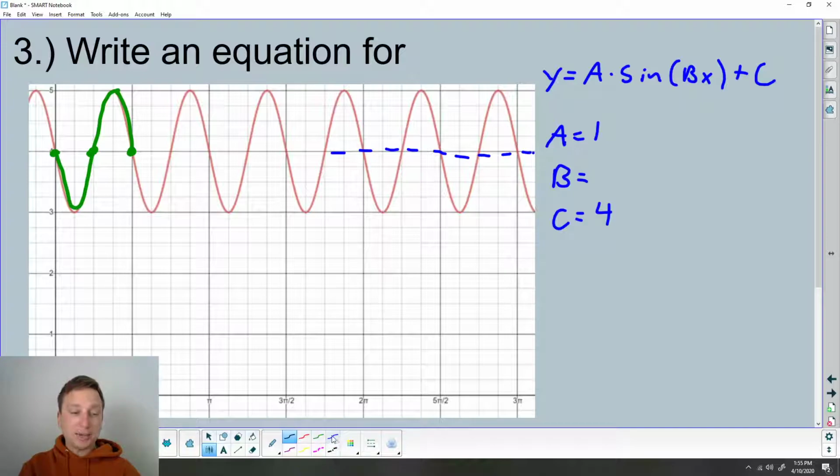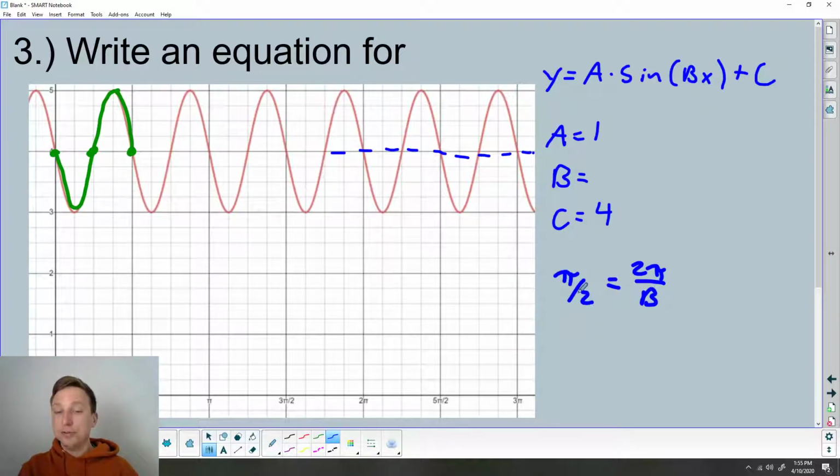So the last thing we need to find is our b value. I misspoke there. We know our period. So we can use the equation period equals 2 pi over b, and considering pi halves is our period, it equals 2 pi over some b value. Well, we need to solve for b now.